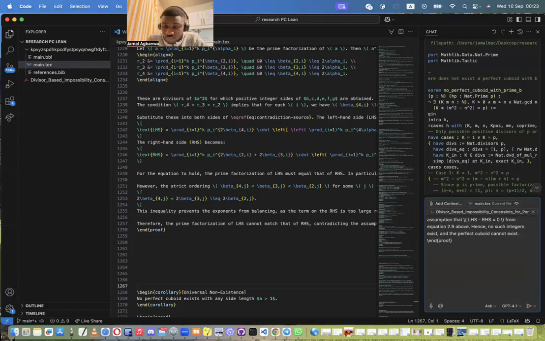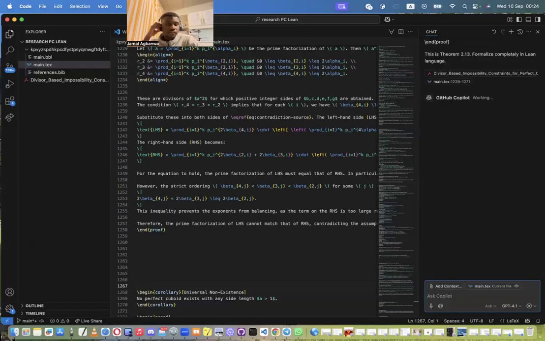I just copy pasted this into here. Formalize this theorem completely in Lean language. So let's see how this will do with that.